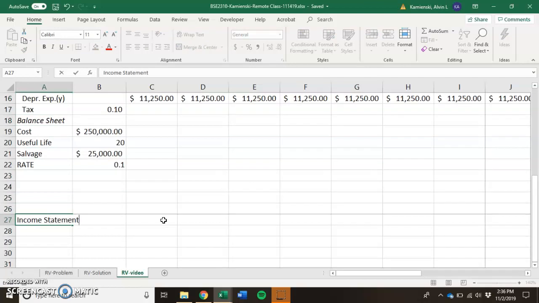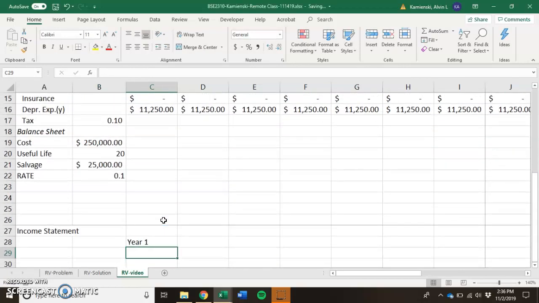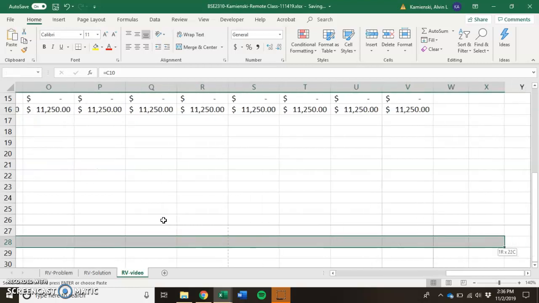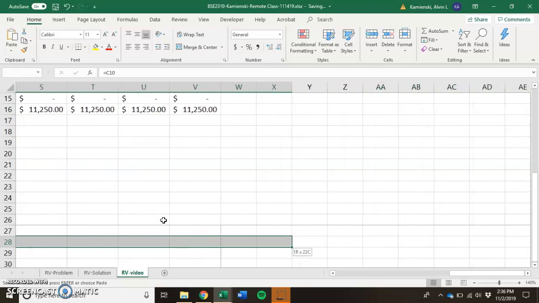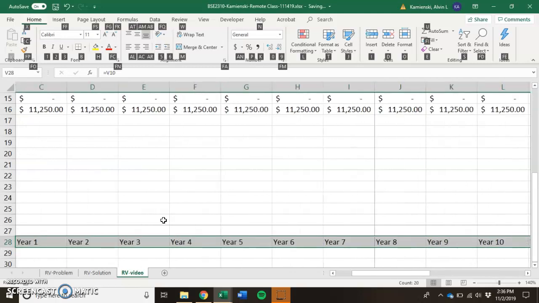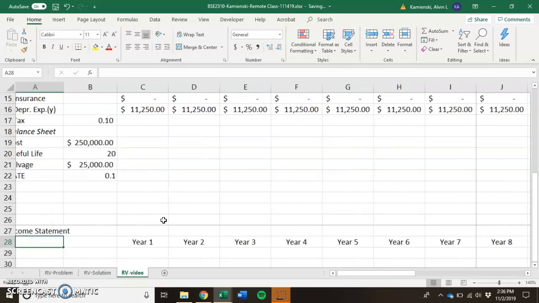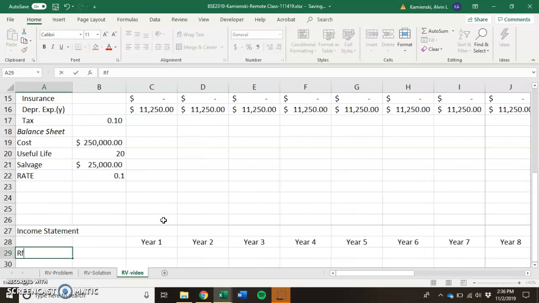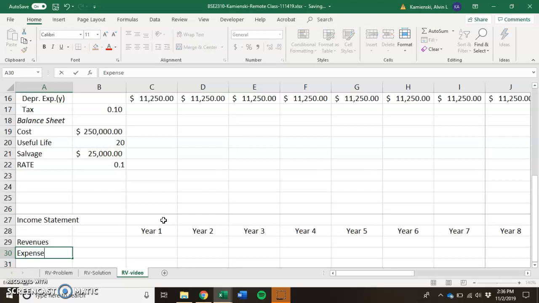So an income statement, we'll go ahead and reference these 20 years so that we don't have to retype all that stuff. I think we have too many years over there. Yes, indeed we do. Okay, so building the revenues and then expenses.